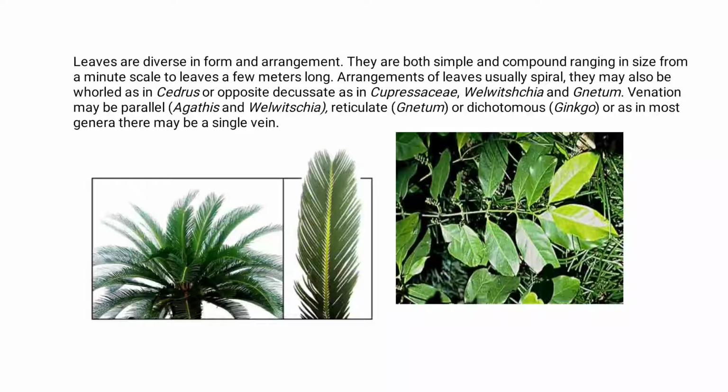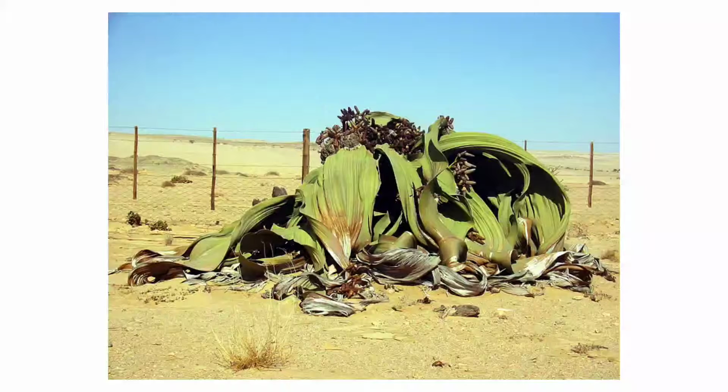In case of Zamia, there is a species known as Zamia pygmaea. In that species, the leaves are very minute, they measure in centimeters. And Welwitschia is a species of gymnosperm which is commonly found in desert regions.